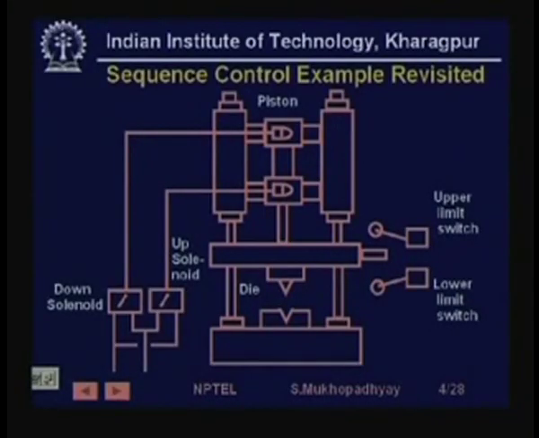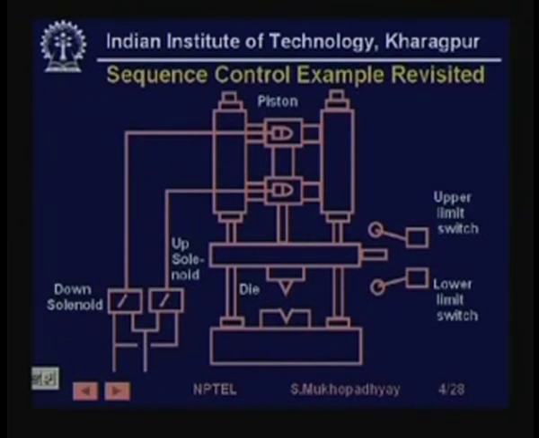So we take a second look at our previous example of the die press. So here is the die press, where the piston moves the die up or down depending on whether the up solenoid or the down solenoid is activated. This directs hydraulic power upward or downward to the piston, so the die moves up or down.